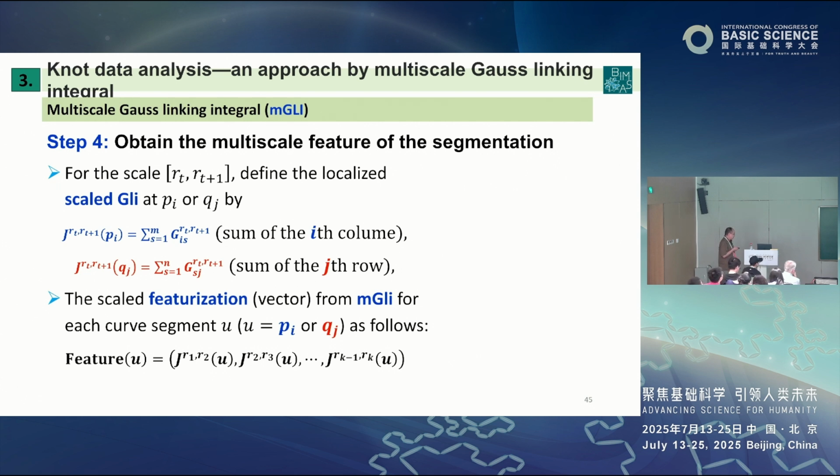This scaled visualization is in fact a vector from MGLI for each curve segment U, defined in this way. So this is a feature of U.